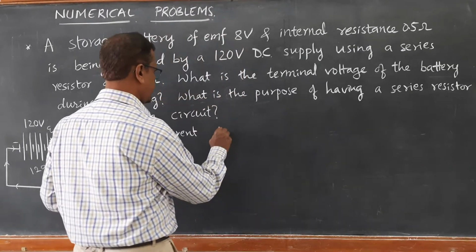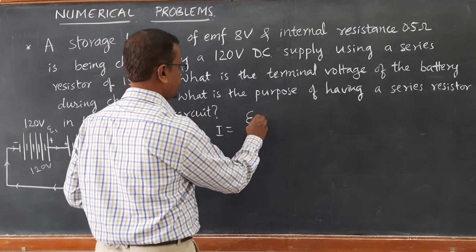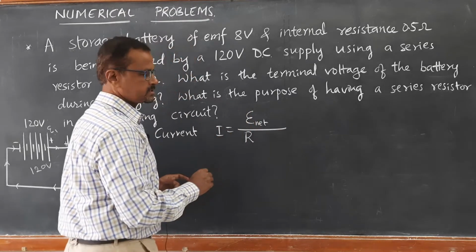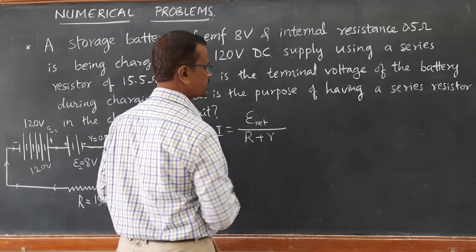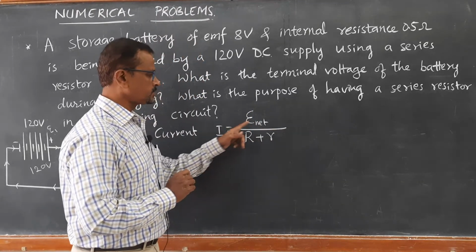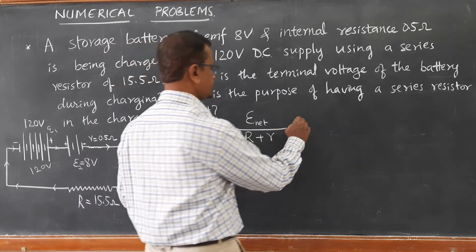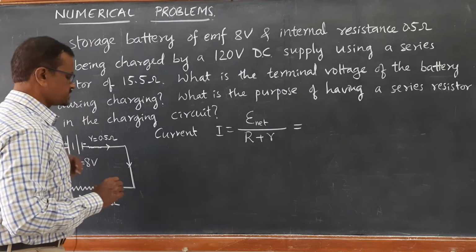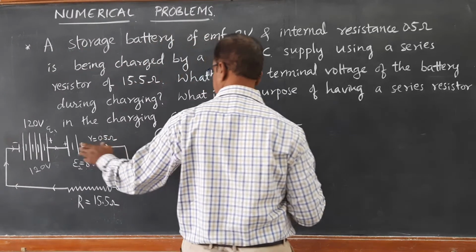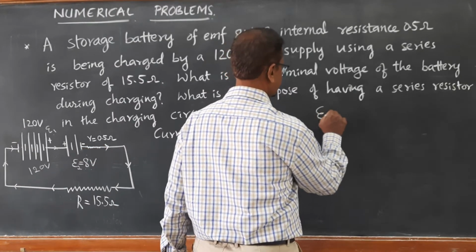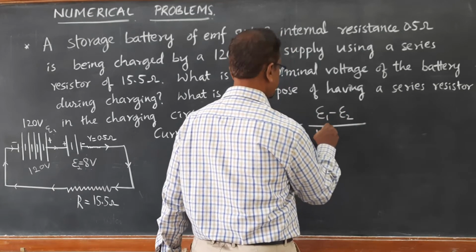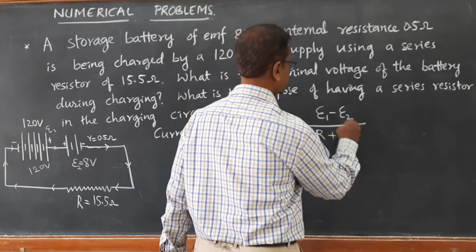So, the current I is equal to net EMF divided by external resistance R plus the internal resistance r. First, what is net EMF? Since here the current is in the reverse order for the second storage battery, it becomes E1 minus E2 divided by R plus r.